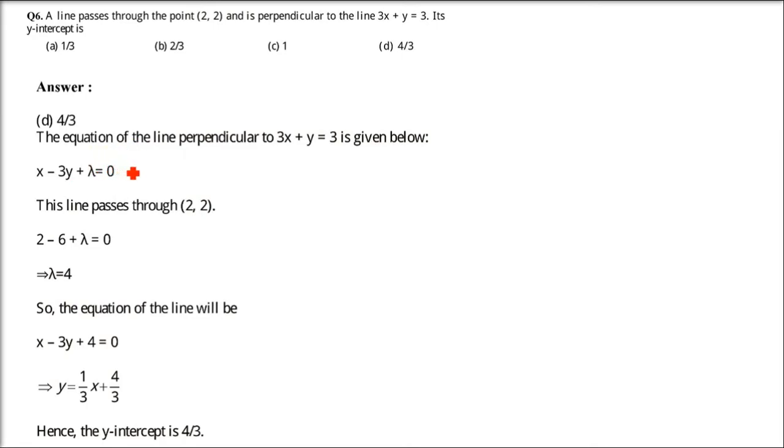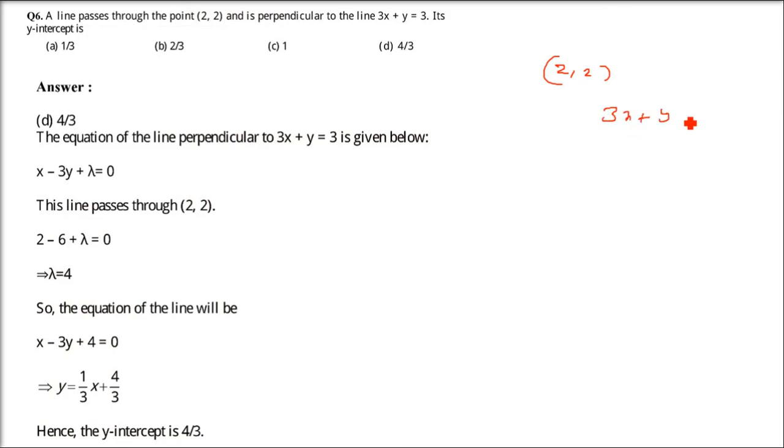Question number 6. A line passes through the point (2, 2) and is perpendicular to the line 3x + y = 3. Its y-intercept is? We can easily write the equation of a line parallel or perpendicular to another line.